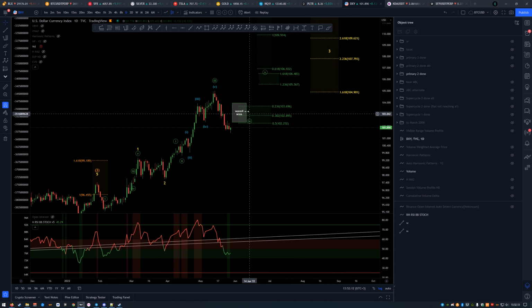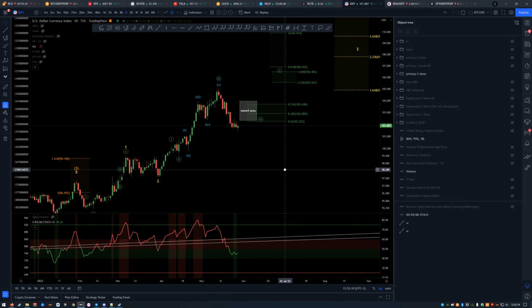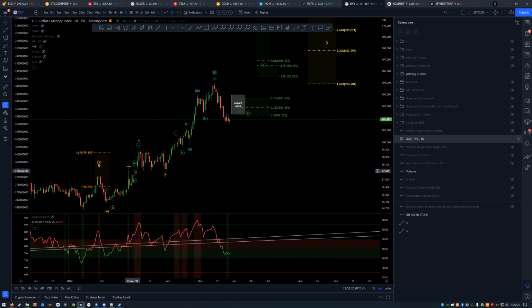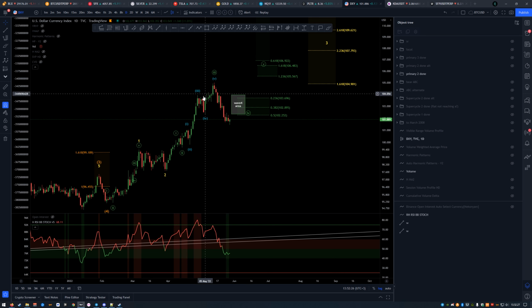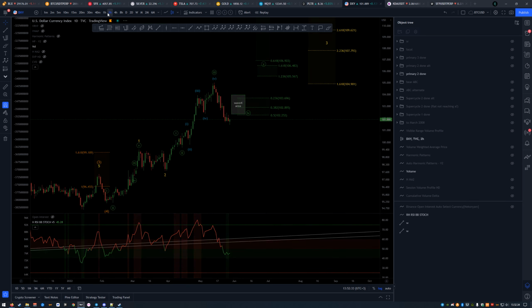Now we are coming quite deep for this correction, which is definitely not supporting this count too much. We wouldn't like to see the previous fourth wave of the third wave broken down here like we have, and we even back tested it basically here.